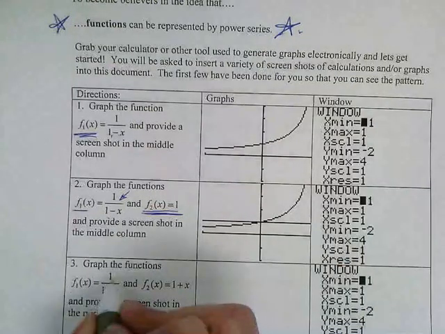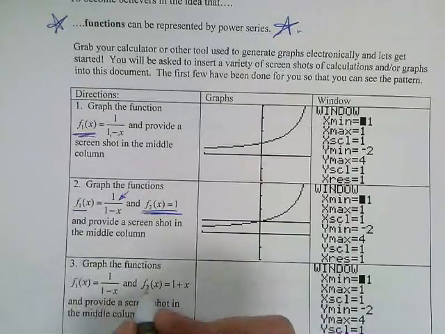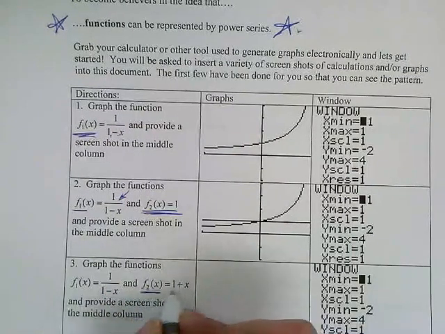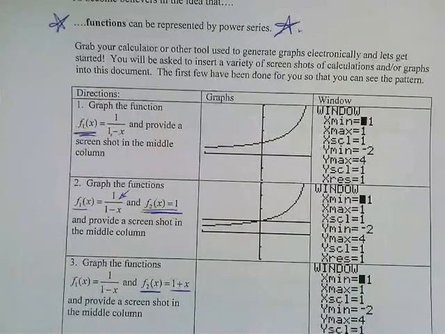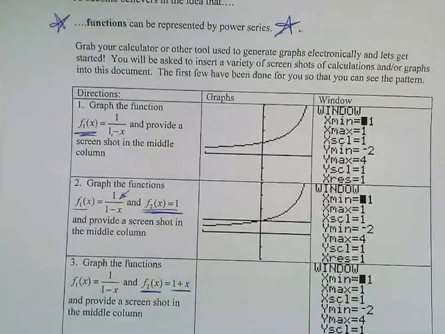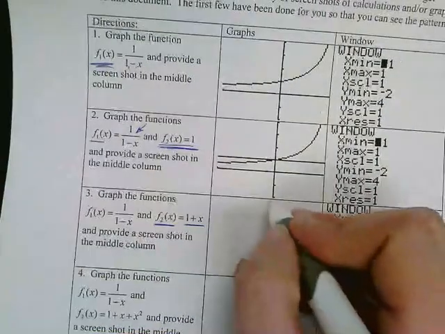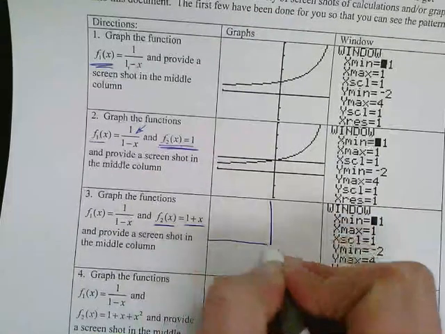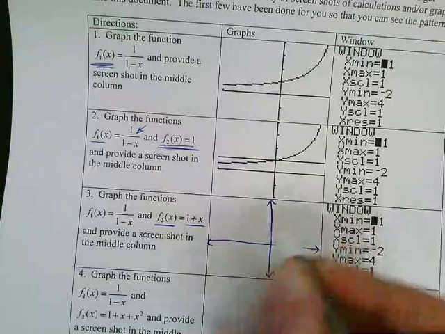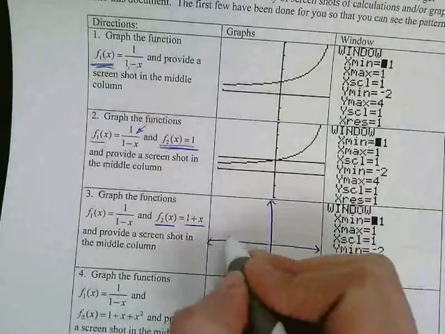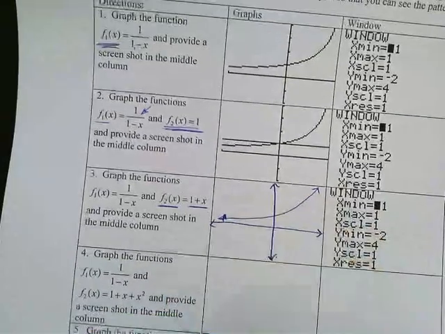Okay? Next, in your graphing calculator, you're going to have this graph, but now we're going to change f2 to 1 plus x. And you're going to graph that here. Okay, we'll look at my final answers and your final answers tomorrow, but what you're going to notice is significant.